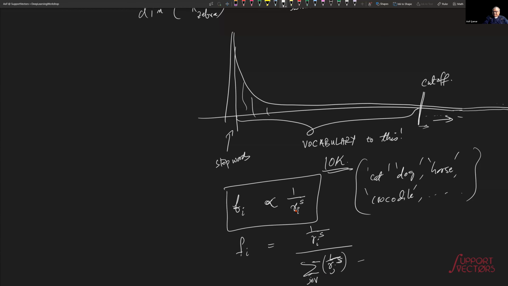This is just a normalizing constant. And that makes it an exact Zipfian law, Zipf's law. But let's stick with this.